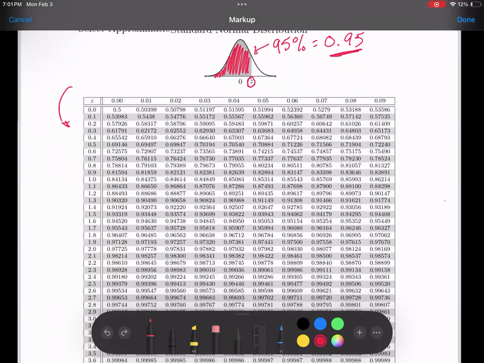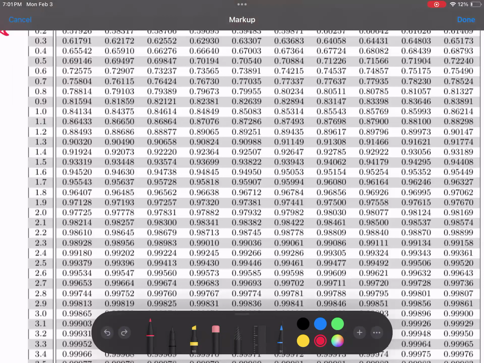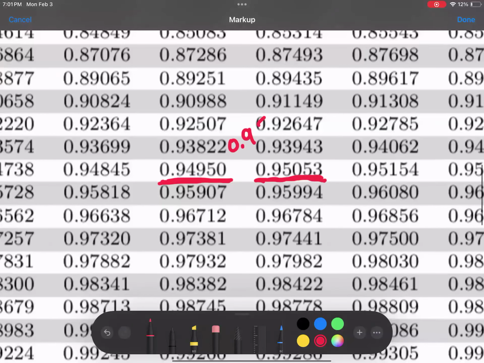And if you do this, you'll find that you are trapped between 0.94950, that's slightly less than 0.95, and 0.95053, right? 0.95 is right there in the middle.